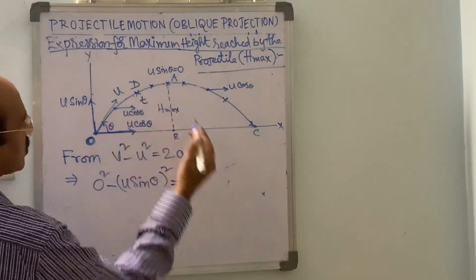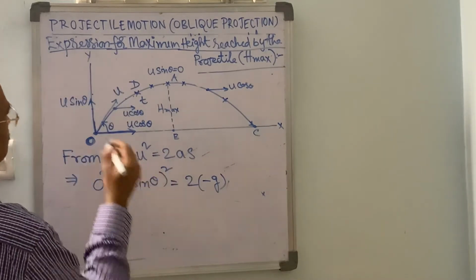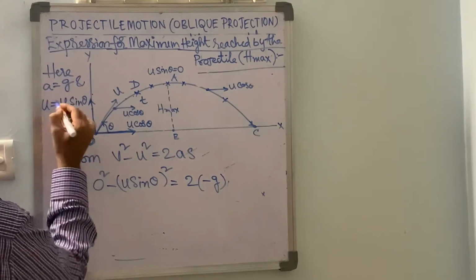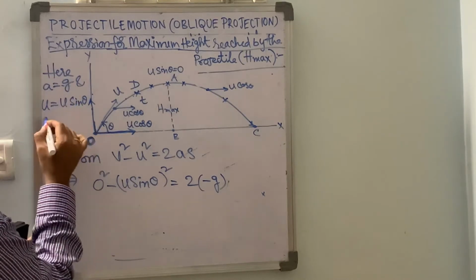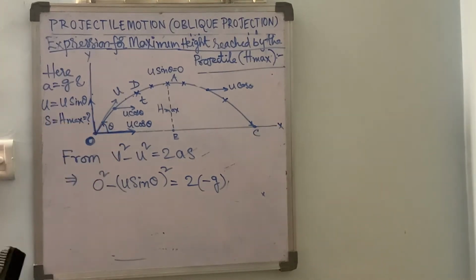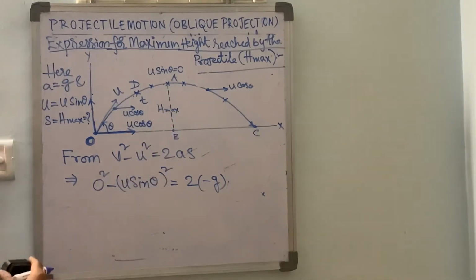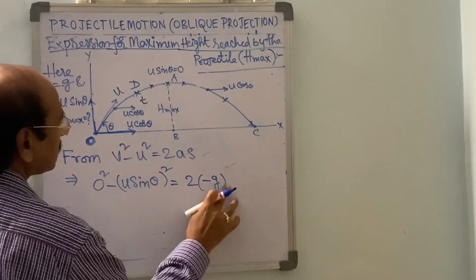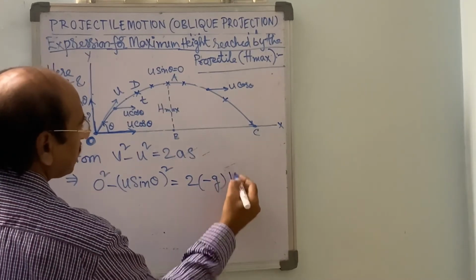As the body moves up, a is equal to minus g, u equal to u sin theta, and s equal to h maximum, that has to be found out.